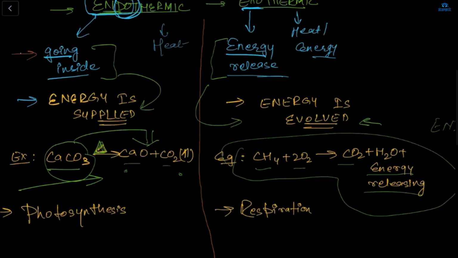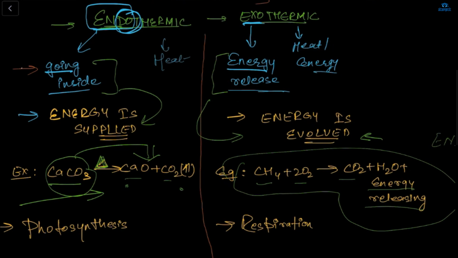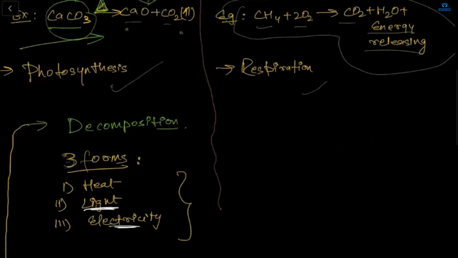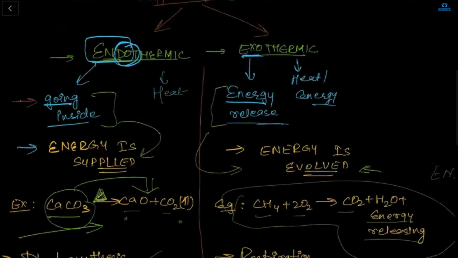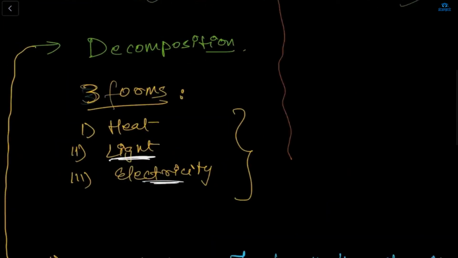Okay. So endo and exo also include one more point: photosynthesis and respiration. We will get into this. In the endothermic, there is also a point of decomposition reaction, which is in three forms: heat, light, and electricity.